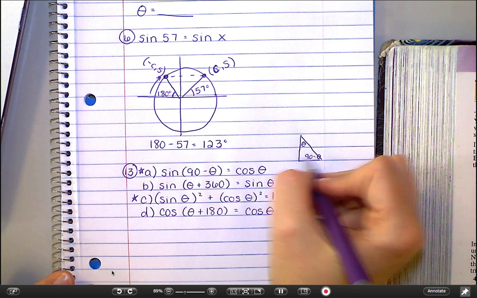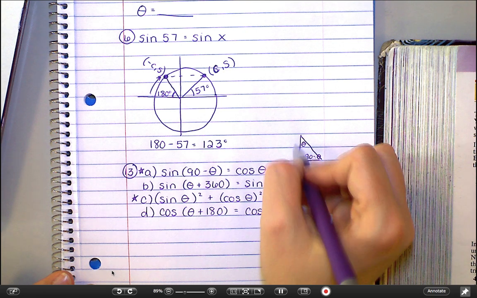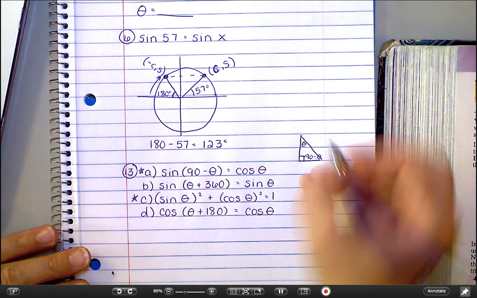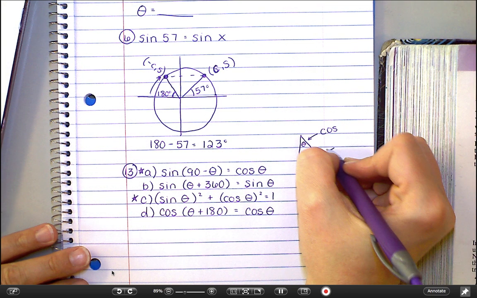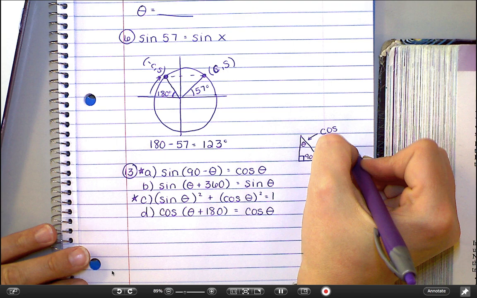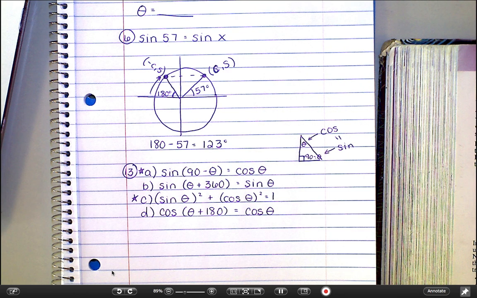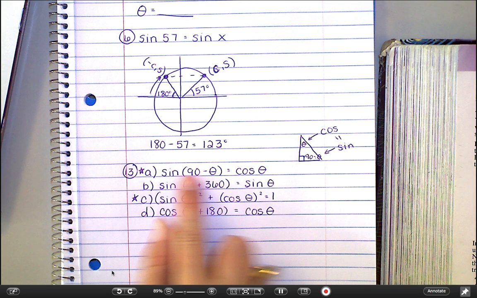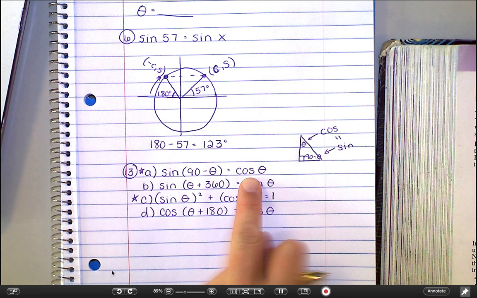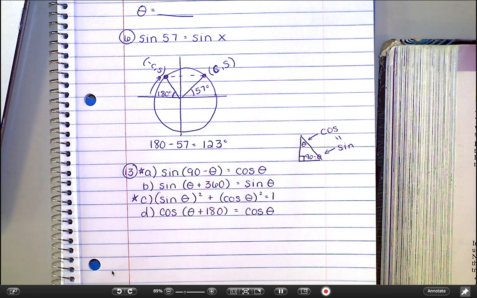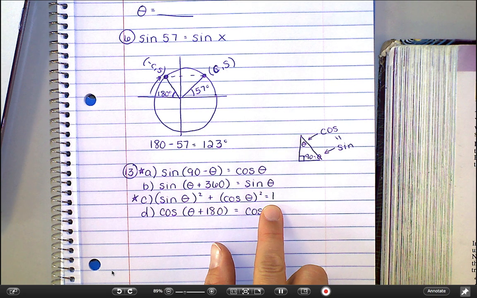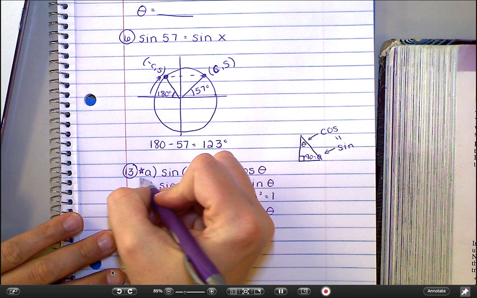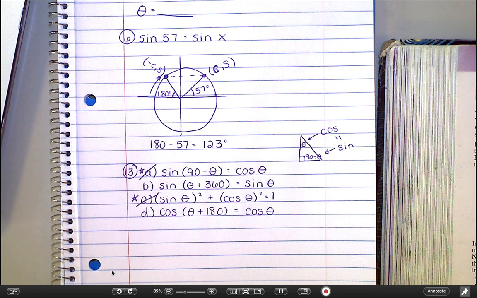Those have to add up to 90 because then you've got another 90 there, and that makes 180 total. And we said that in a right triangle, the cosine of one angle is always equal to the sine of the other. So if you do the cosine of one angle, it's equal to sine of 90 minus the other. And then this was the Pythagorean identity that we learned back in the beginning of this chapter.